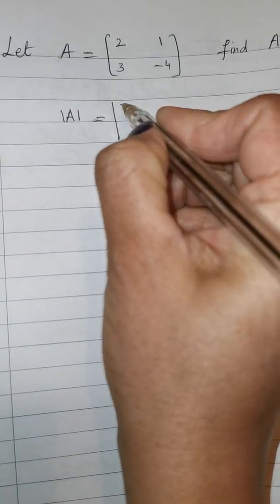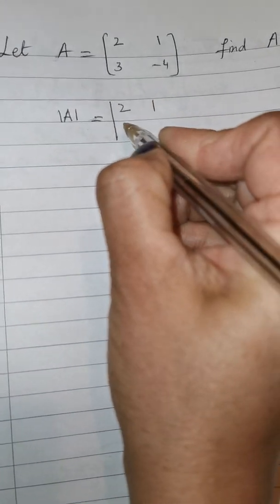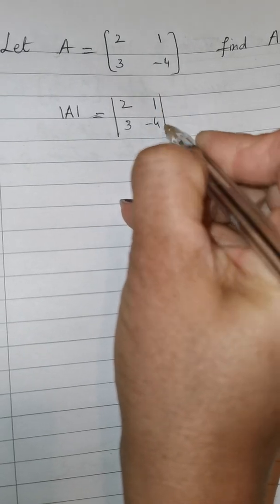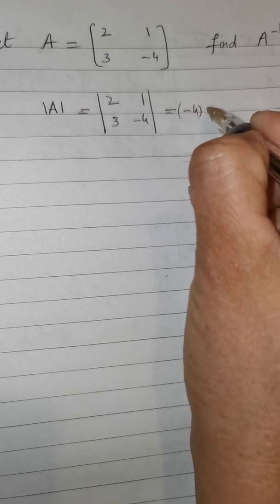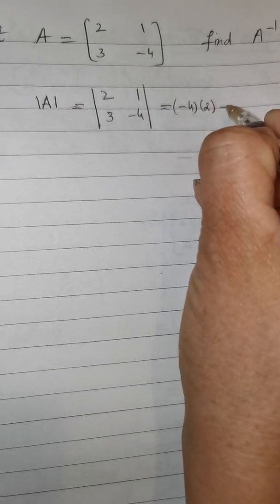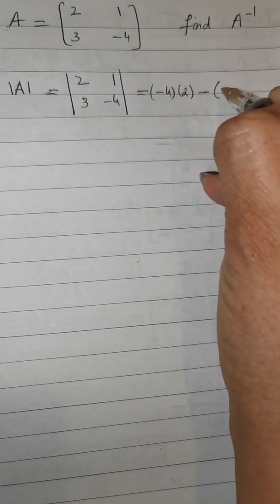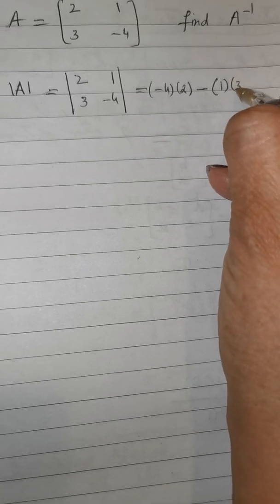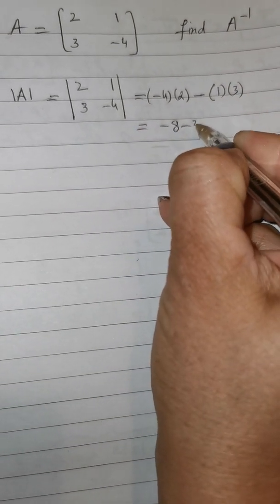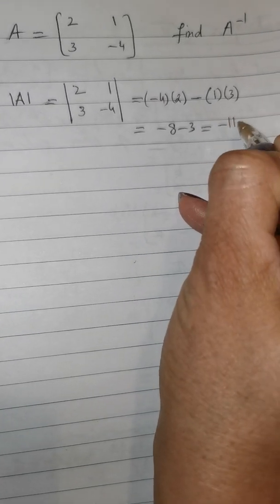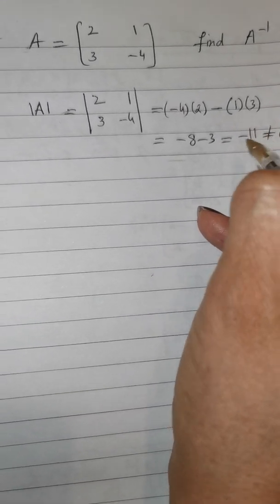Just write it in straight lines and apply the formula: -4 multiplied by 2, between them we have a minus sign, and 1 is multiplied by 3. Your answer is -11, which is not equal to 0.